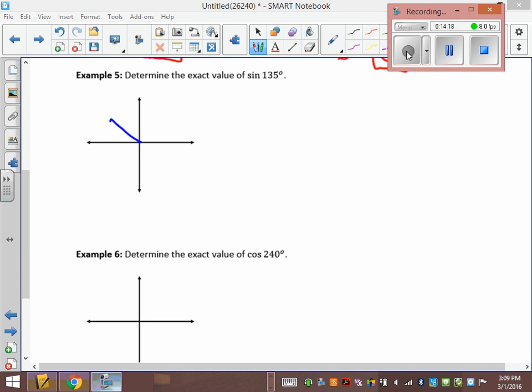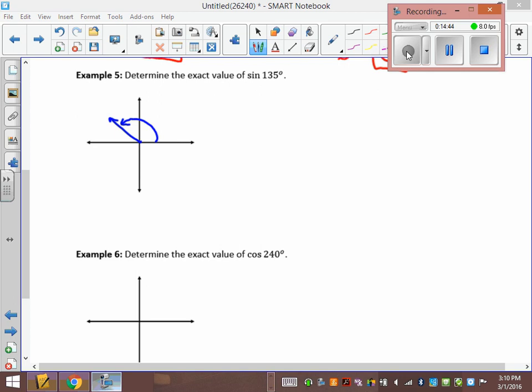So sine 135 is about here. We know that off the unit circle, because I told you this before, your coordinates are always cos and sine, right? So x values are always cos, y values are always sine. So we're going to go to sine, we're going to go to 135, which is that one up there. And are we going to look at the x value or the y value? Because we want sine of 135.